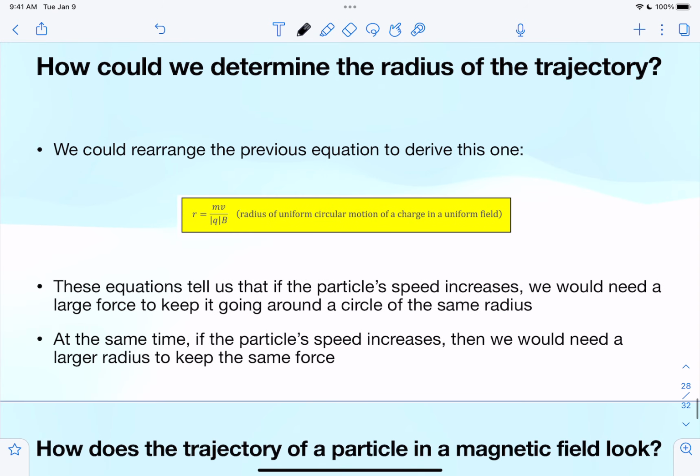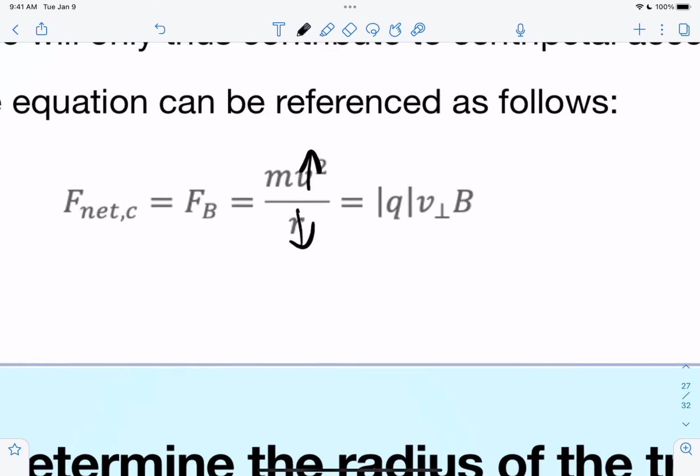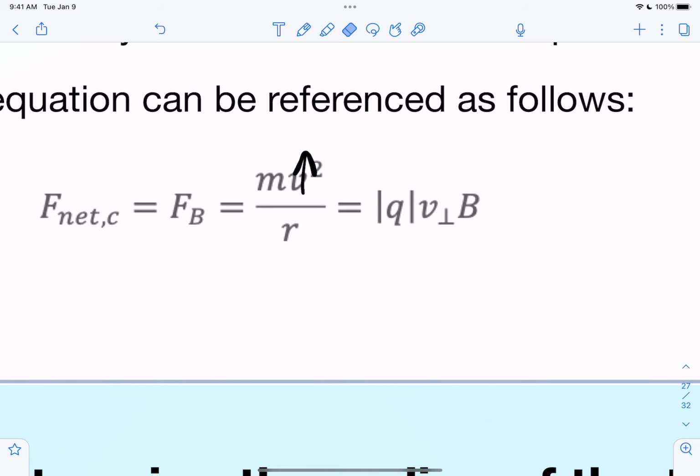If we increase the speed, then we would need, or hold up, did I say decrease the radius? My bad, it shouldn't be decrease the radius. We should have to increase the radius in order to keep the same magnetic force, right? Because if this increase in speed causes an increase in the magnetic force, then an increase in the radius, an increase in the denominator, is going to decrease that magnetic force to bring it down to its original value.